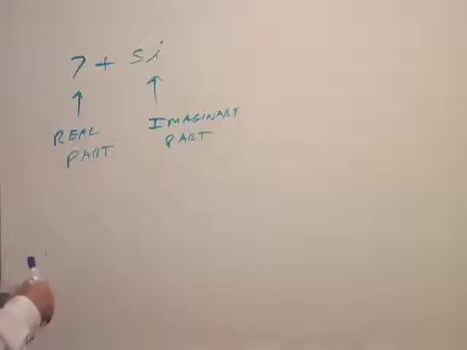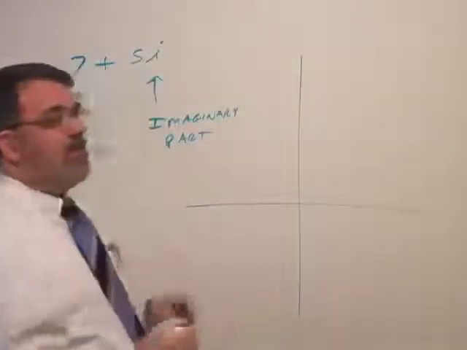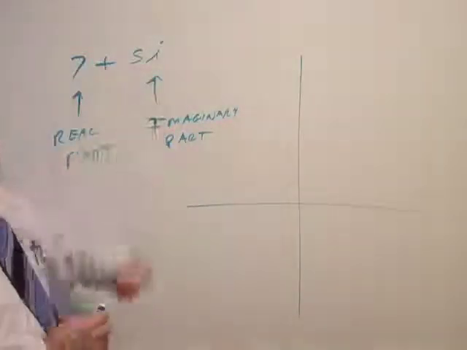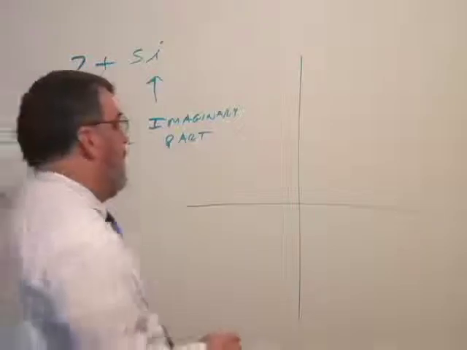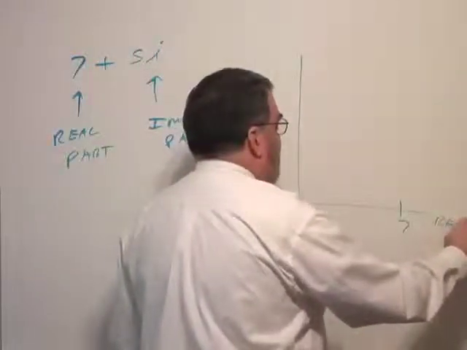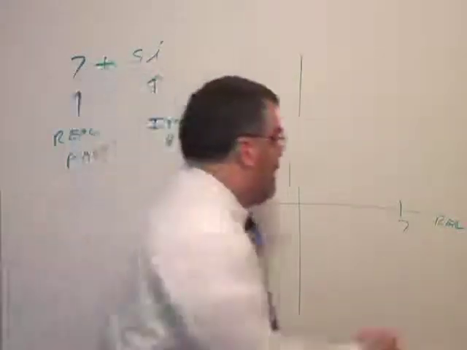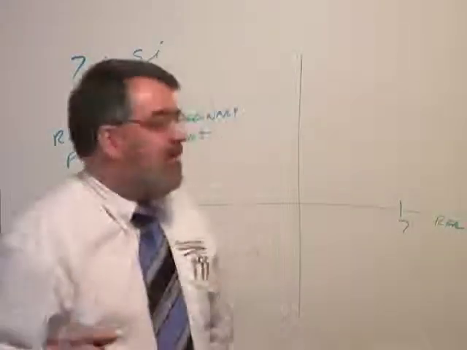And so now the complex number system is a two-dimensional number system. Where would 7 plus 5i be? Well, we label this the real axis, what in algebra we usually call the x-axis, now becomes the real number axis.